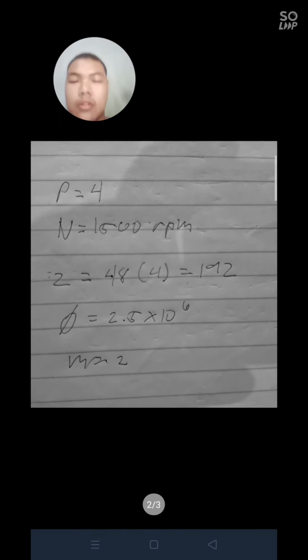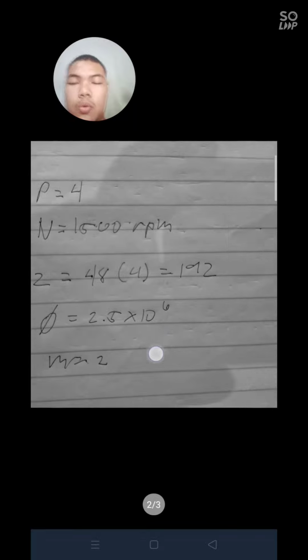The flux is 2.5 times 10 to the power of 6. And M is 2.